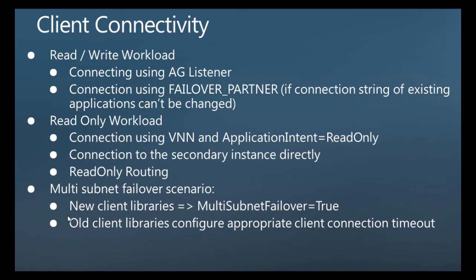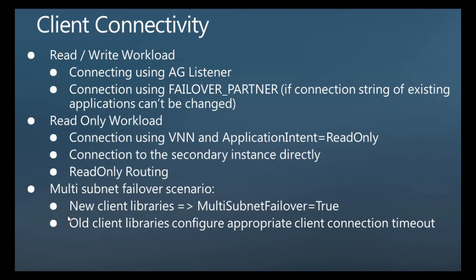So that's what a failover partner does. To still make this happen, you need to disallow your secondary replicas from connecting. So that's why you need to disable your readable secondaries. Make sure allow all connections is disabled, and the allow read-only intent connection is also disabled. So this is about the failover partner.